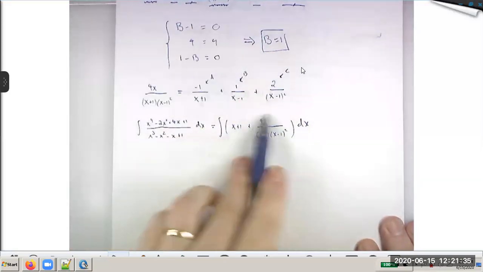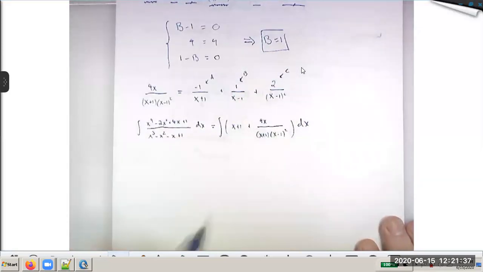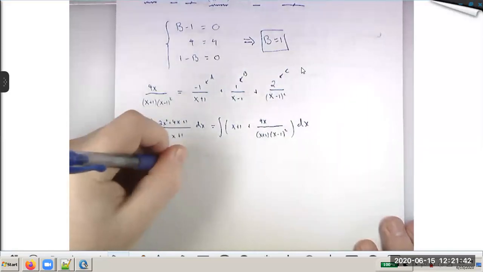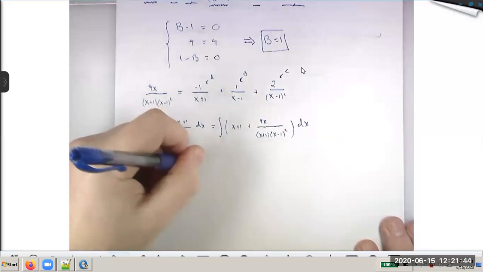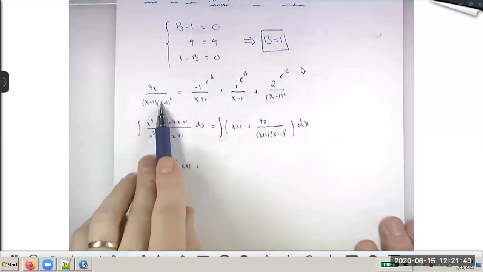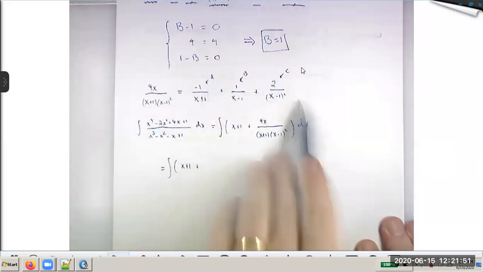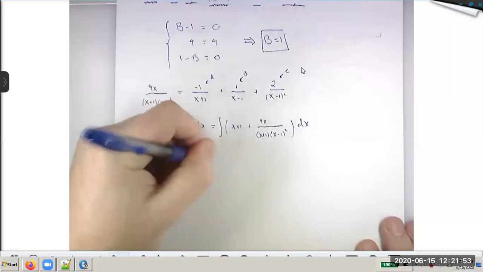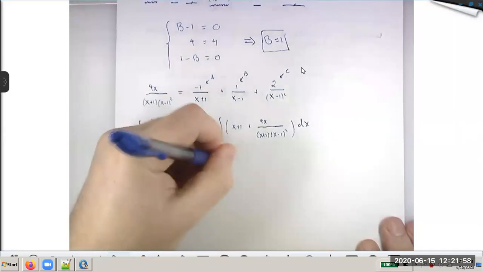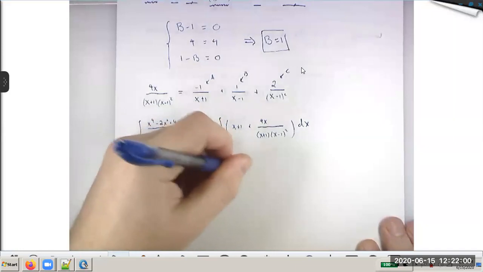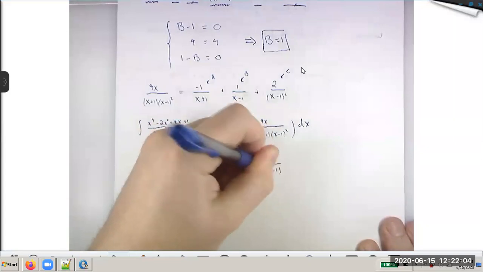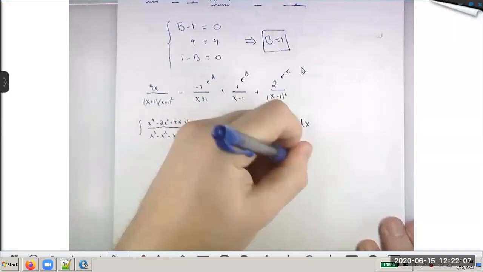And then by PFD, I can expand this part. That's equal to the integral of x plus 1 plus, and then this part is this, which is this by PFD. So plus negative 1 over x plus 1 plus 1 over x minus 1 plus 2 over x minus 1 squared dx.